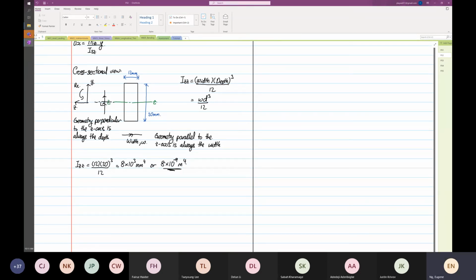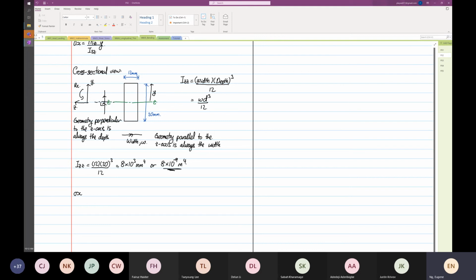So from here, let's say now we want to calculate stress in the x direction. Based on the geometry that we have, we know that this is our y direction. We do not need to bother whether it is y positive or y negative now, because we know where is tension and where is compression.